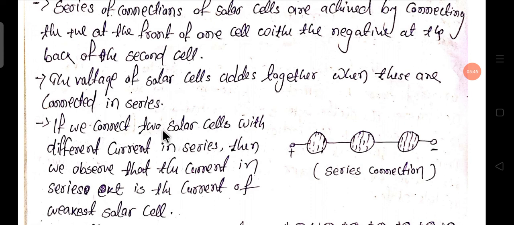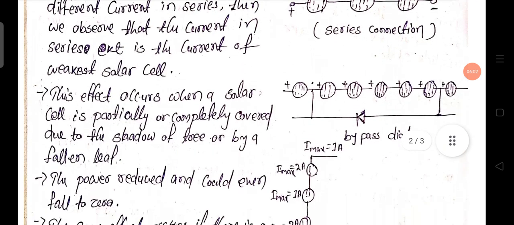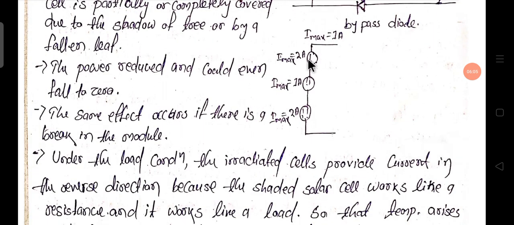If we connect two solar cells with different current in series, then we observe that the current in the series circuit is the current of the weakest solar cell. Here you see three solar cells connected in series, but the maximum current of each individual solar cell is different. Here the maximum current is 2 ampere, here it is 1 ampere, and here it is 2 ampere.